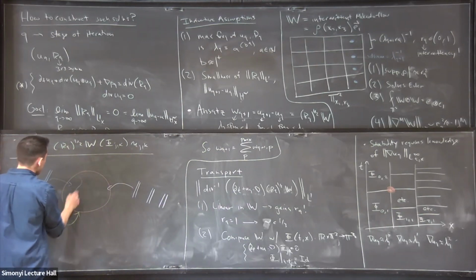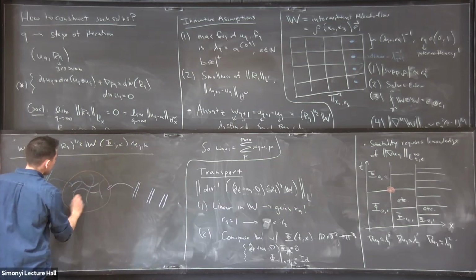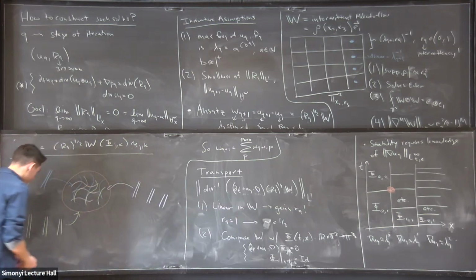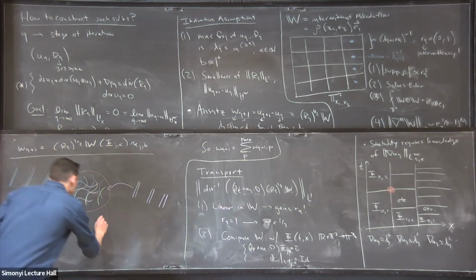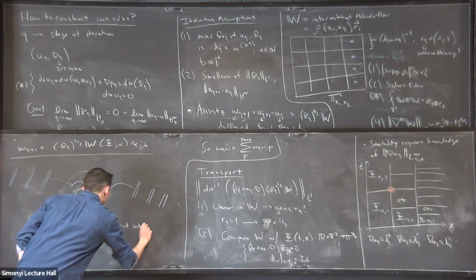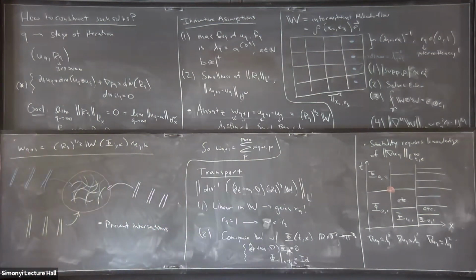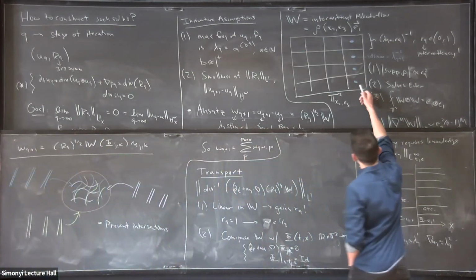And here, they're sort of deformed and not straight. And the problem with this type of picture is that these pipes could intersect. So we have to prevent intersections. And the way we prevent intersections is by appealing to the sparsity.